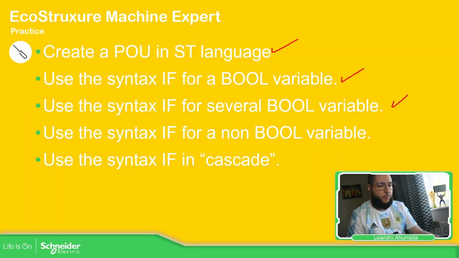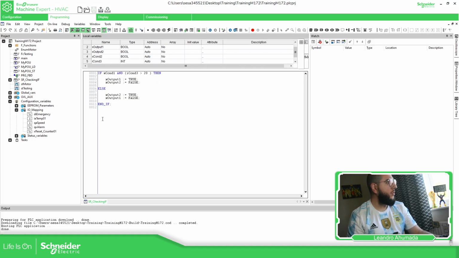So there are a few nice things that you can do. Use the syntax if in cascade. So let's see how we can do this. For example, else if, condition 2, then.